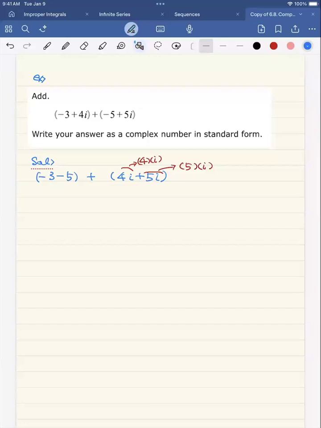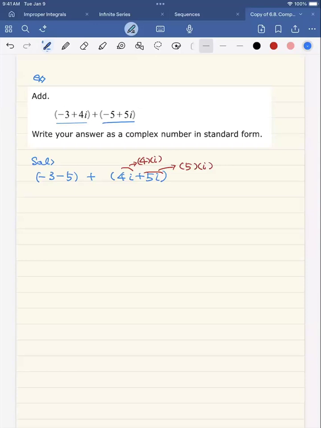In the next problem, we have to add two complex numbers. It's like combining like terms. We have -3 plus 4i and -5 plus 5i.